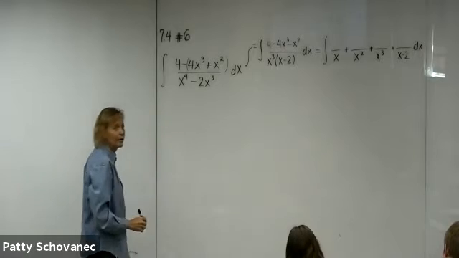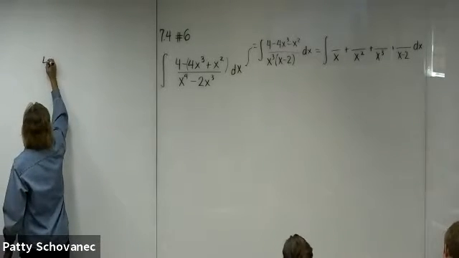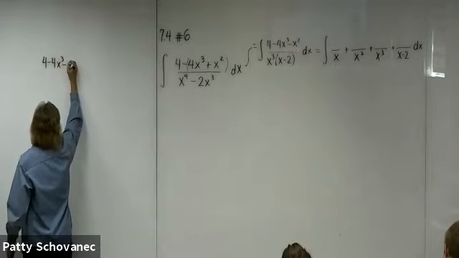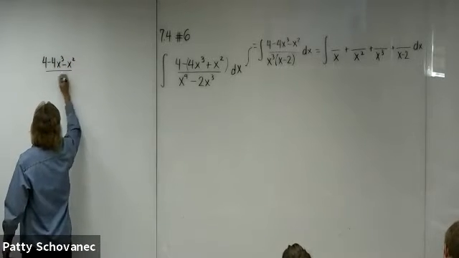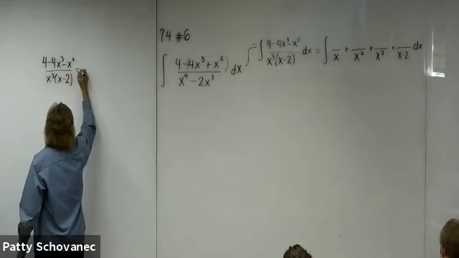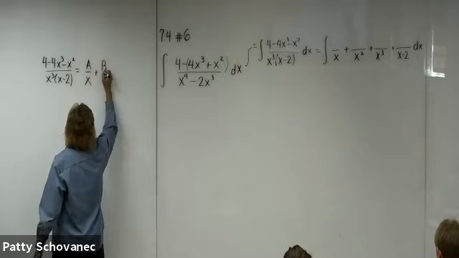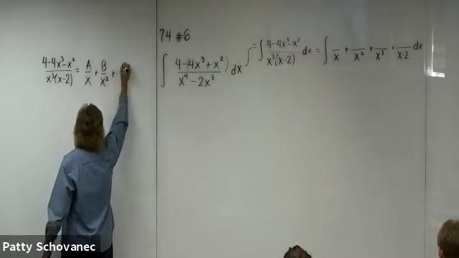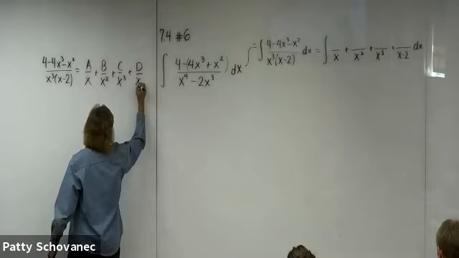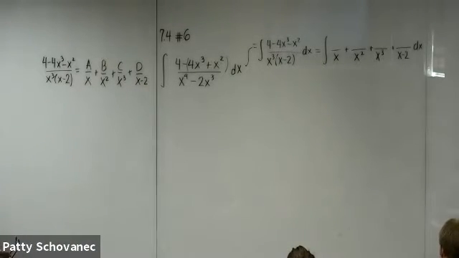Let's do the partial fraction decomposition of that. Set that equal to a over x plus b over x squared plus c over x cubed plus d over x minus 2. Those are all considered linear factors, so we just used a, b, c, and d.